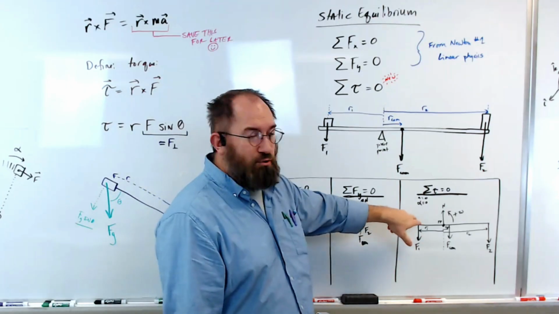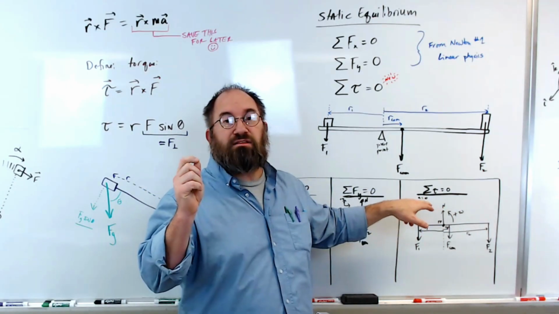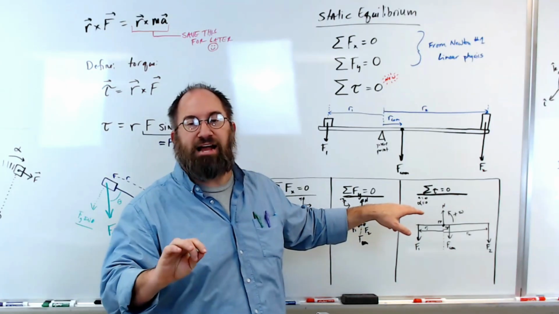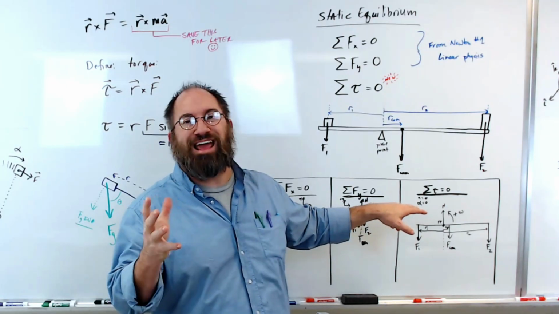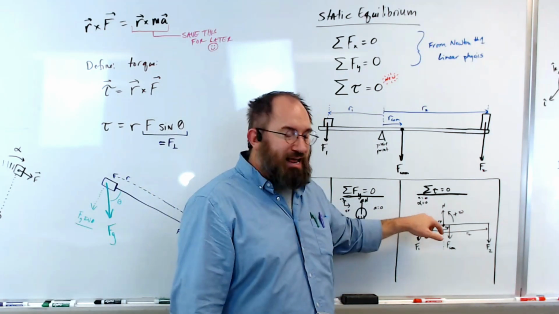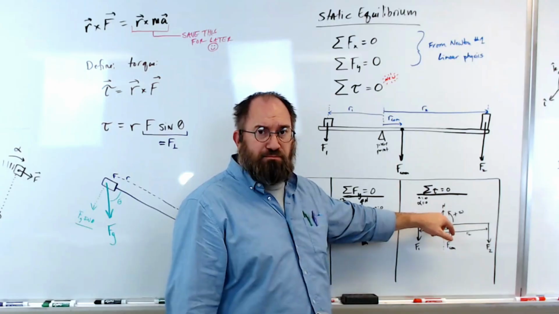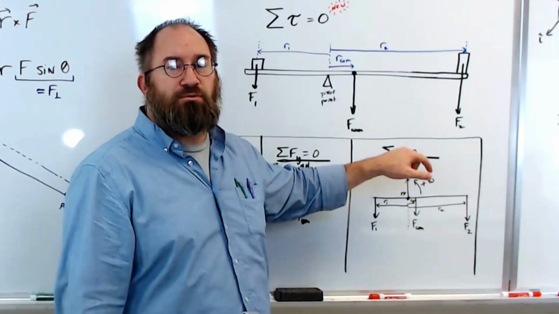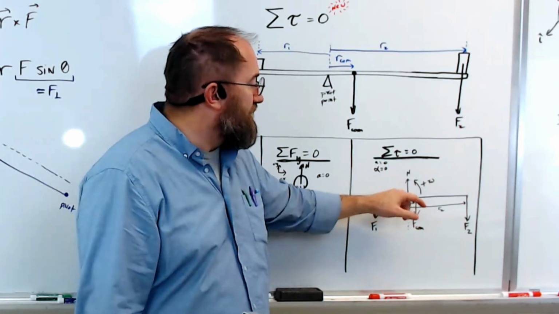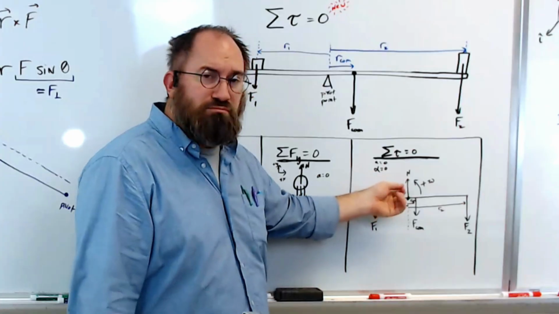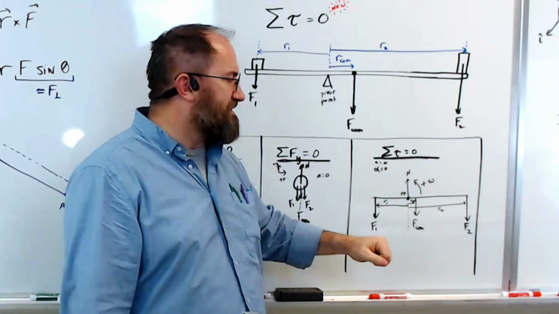If I put my pivot point anywhere else, remember that this is static equilibrium, so the pivot point doesn't matter because it's not actually physically rotating around it, it just can rotate around that point. So wherever I've got the pivot point, I can have the force act at that radial distance. The normal force that I've drawn here is acting at the pivot point, therefore the radius would be 0, the torque contributed by that would be 0, and it just generally gets swept to the side.